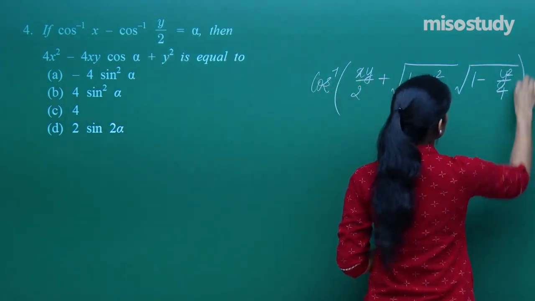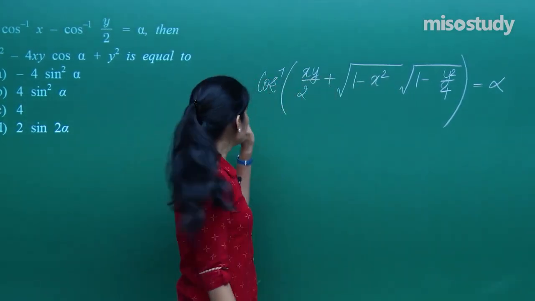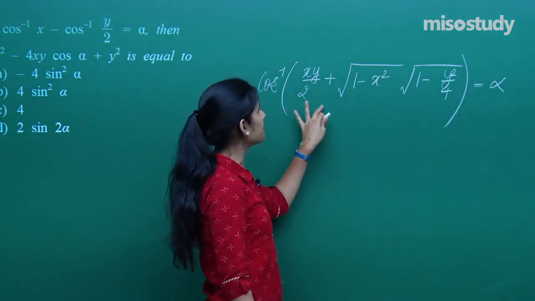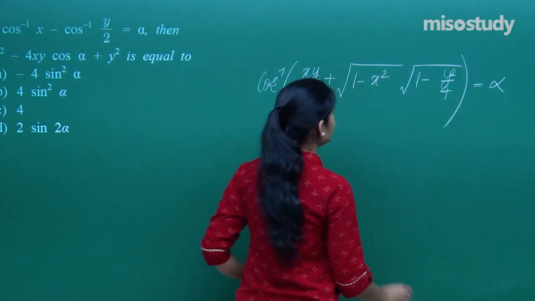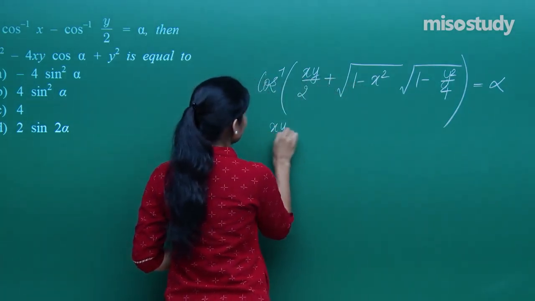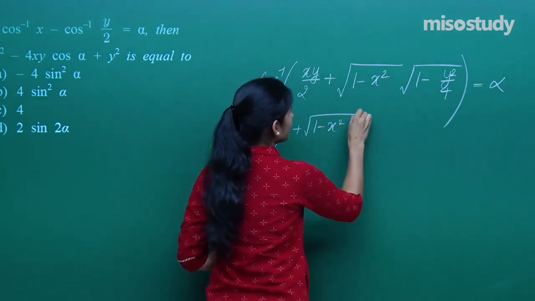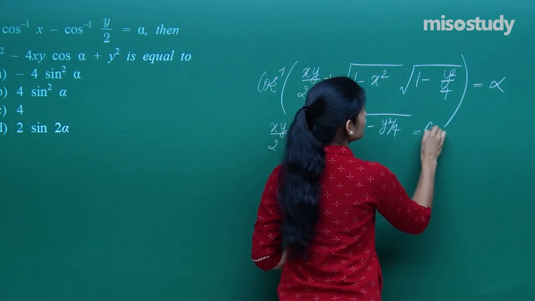This is given to be alpha. So you get xy by 2 plus under root 1 minus x square under root 1 minus y square by 4 equals cos alpha.